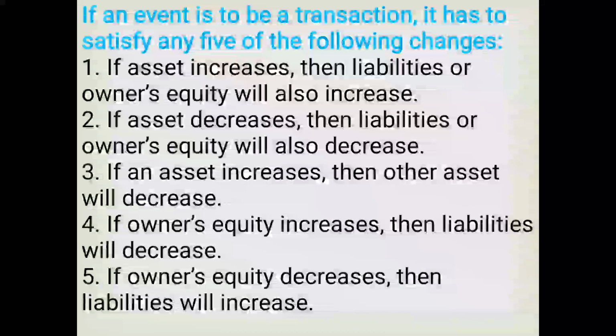Number 3: if an asset increases, then another asset will decrease. Number 4: if owner's equity increases, then liability will decrease. Number 5: if owner's equity decreases, then liability will increase. Dear students, I think you have understood the topic of accounting equation.